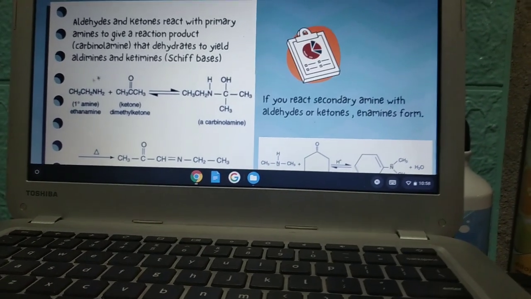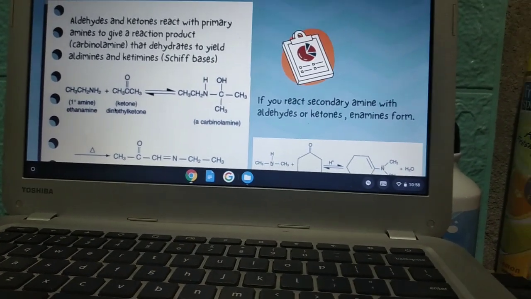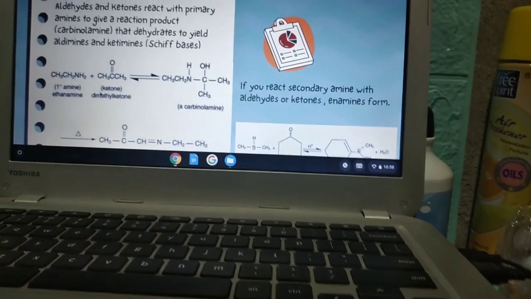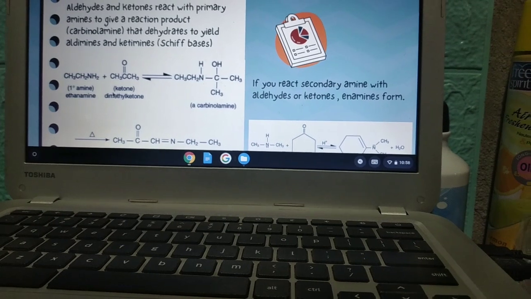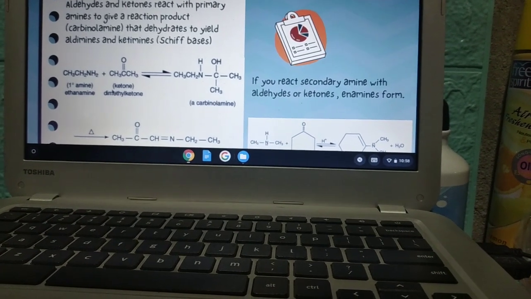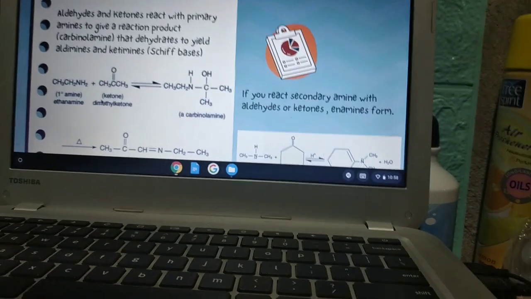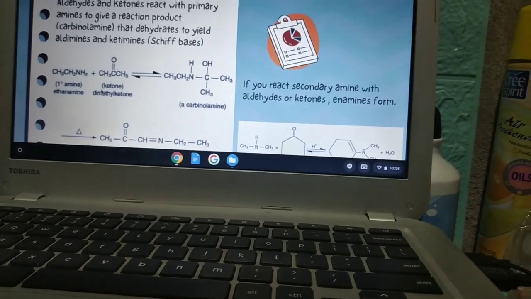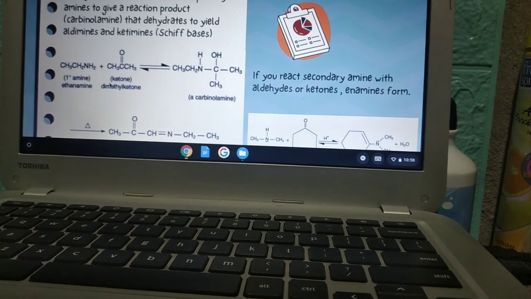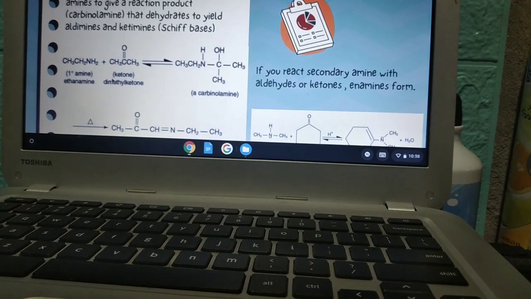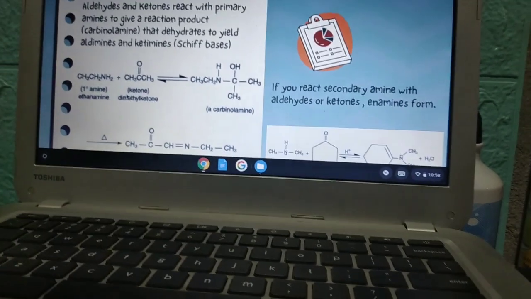So the general structure for that is R1, R2, carbon double bond N, R3. They are considered a subclass of imines, being either secondary ketimines or secondary aldimines, depending on their structure.